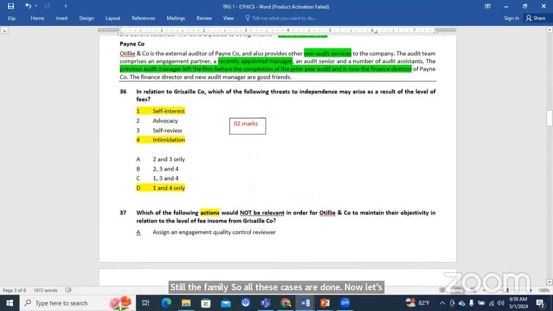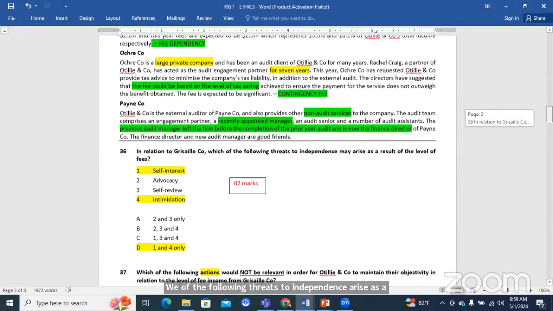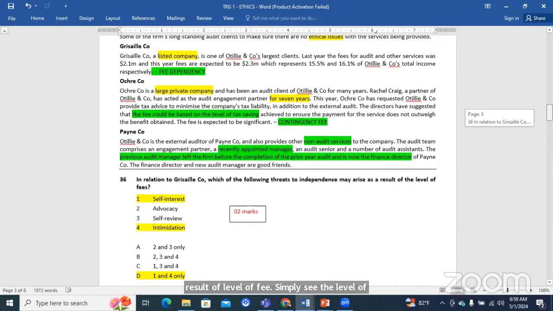In relation to G, which of the following threats to independence arise as a result of level of fee? Simply see the level of fee here is like fee dependency only. Fee dependency will create self-interest threat. That you should understand. Fee dependency will create what? Self-interest threat.